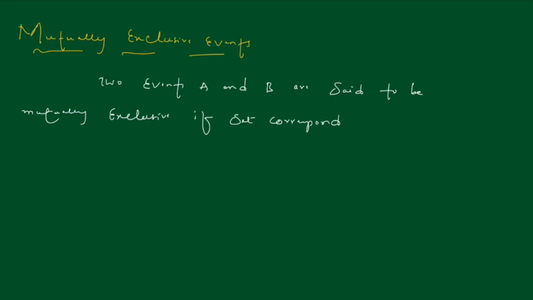That is nothing but if A intersection B equals phi.